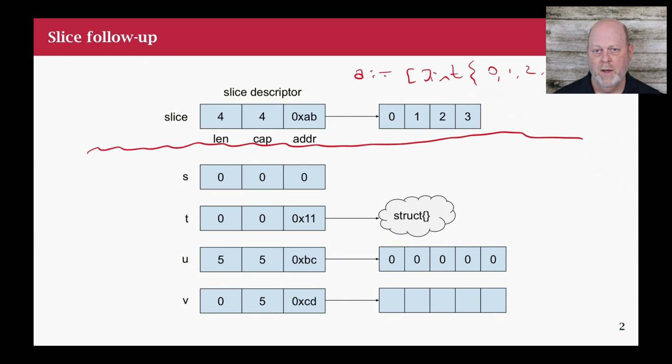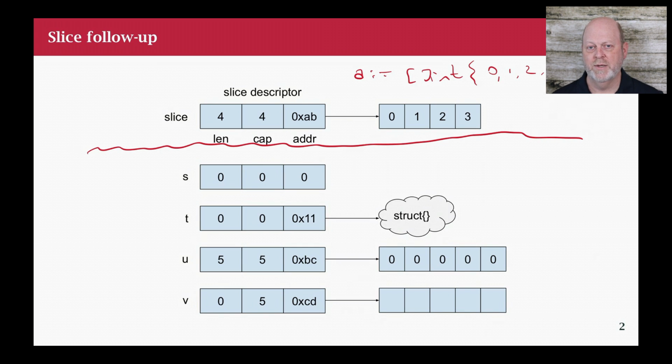What we get is a slice descriptor that has length 4, capacity 4, and a pointer which points to the first element in the slice, which is just a pointer to a sequence in memory, right? Because we know the values in the slice are all going to get lined up in memory one after another, so it's enough to have a pointer to the first one. Fine. Now, how does that relate to the S, T, U, V variables that we just saw in the program?